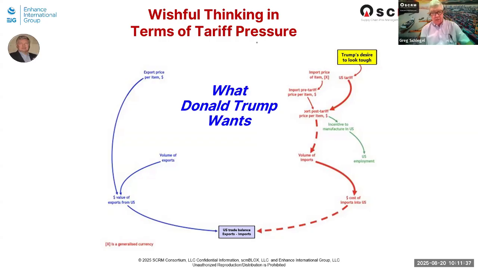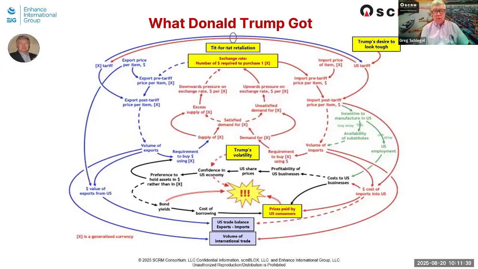The next slide, a little different. Here's what Donald Trump got. At 12 o'clock, what did he get? Immediately, he got tit for tat retaliation by all the entities that he spoke to. Again, if you look at the top right, Trump's desire to look tough and utilize what he is comfortable with from the Art of the Deal book, this is truly a picture image of stimulus response.